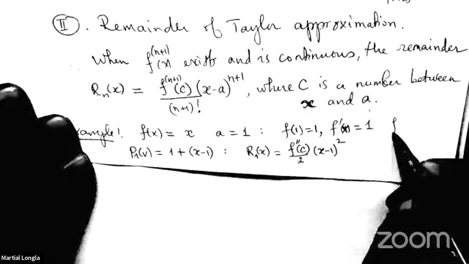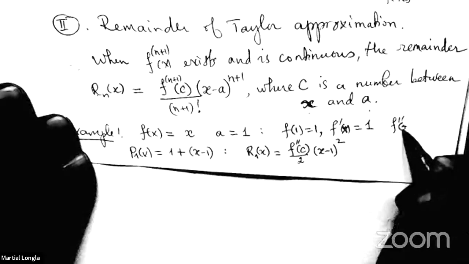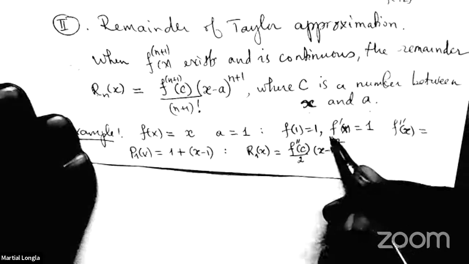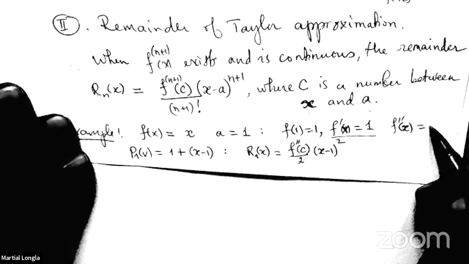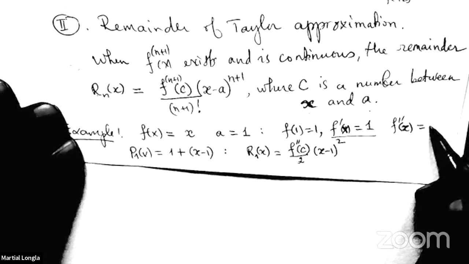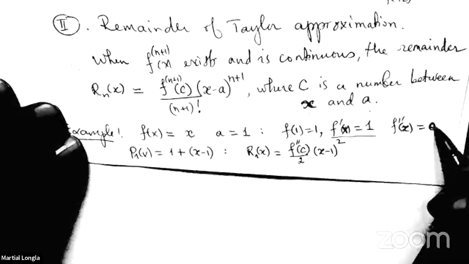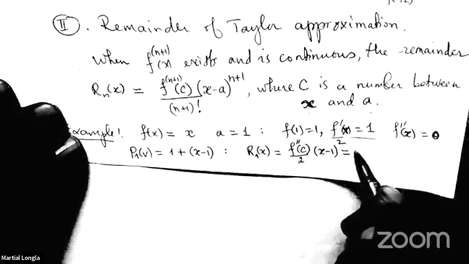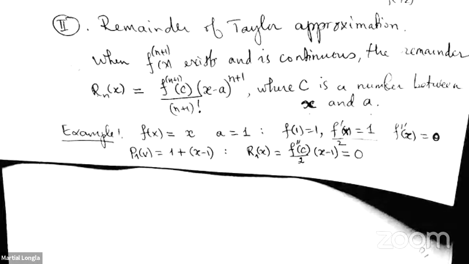But what is the second derivative here equal to? The first derivative is always equal to 1. What's the second derivative? That'd be 0. So this thing is telling us that the remainder will be 0. And that is true, right?